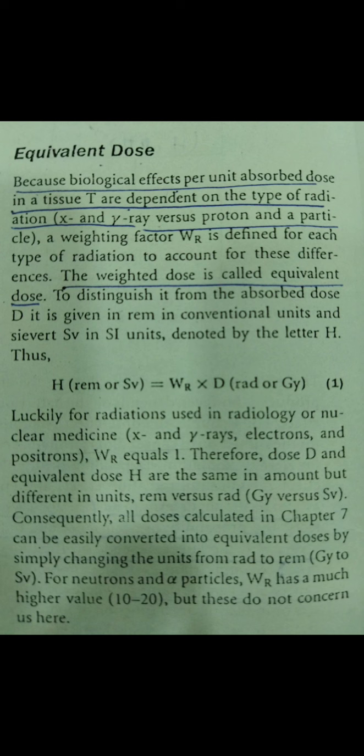We use a weighting factor, WR, which gives the weighted dose or the equivalent dose. To distinguish it from the absorbed dose, it is given in rem. So the difference between the equivalent dose and the dose equivalent is only the unit. We express equivalent dose in rem while we express the dose equivalent in a different unit. So this is the only difference between these two doses.